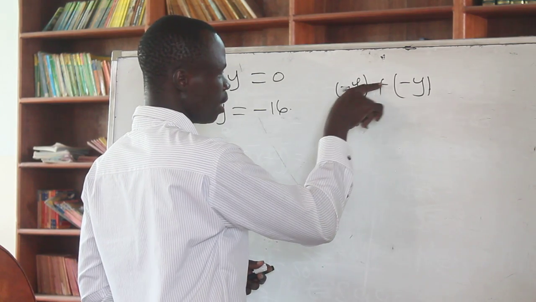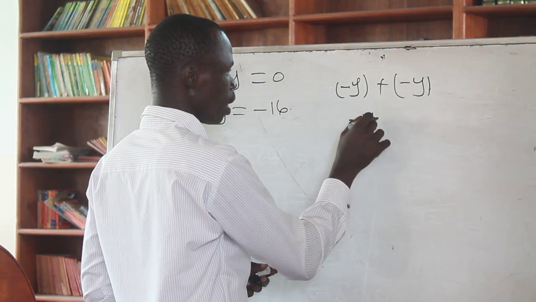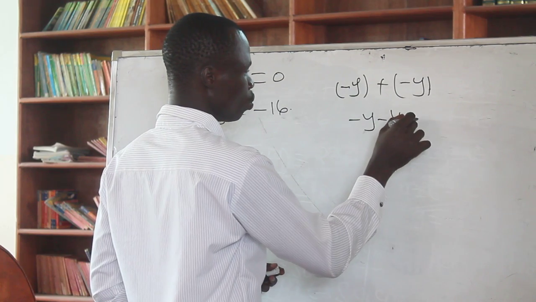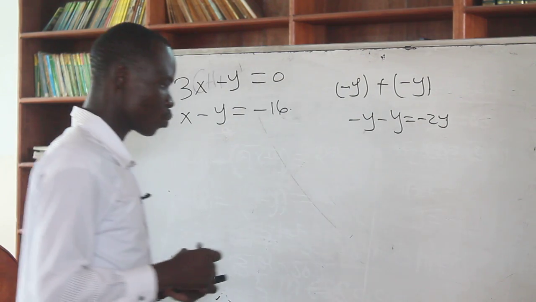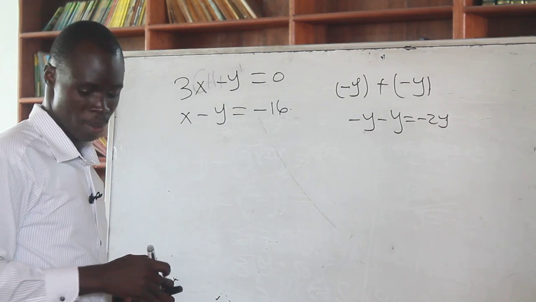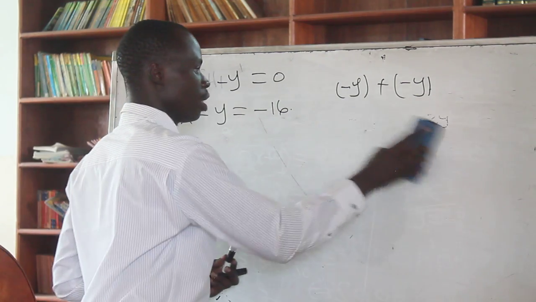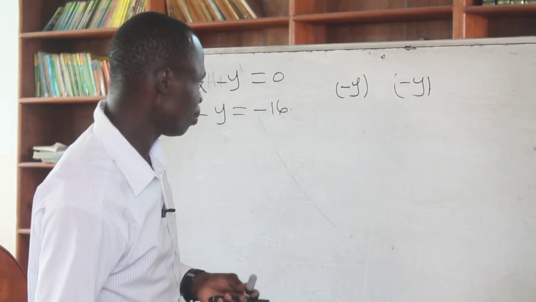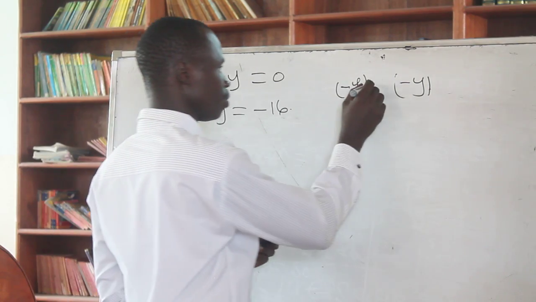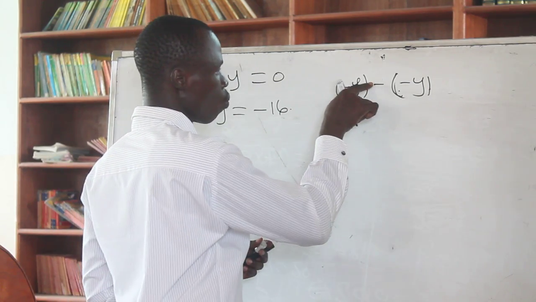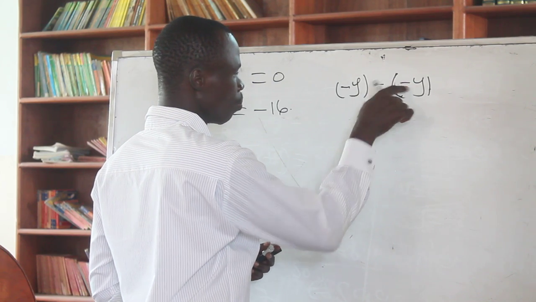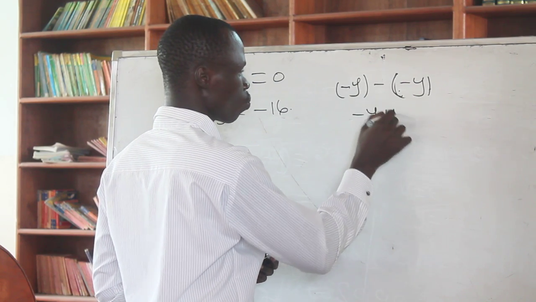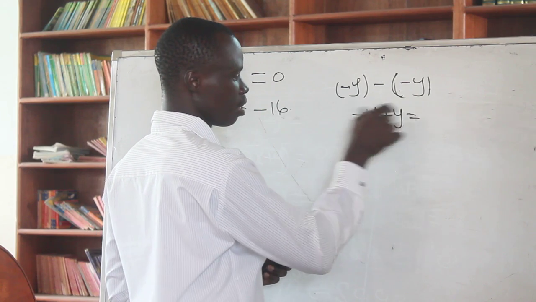So negative y and negative y is negative 2y. So what we are supposed to do here is to minus. Suppose now we put a minus here, instead of addition, to eliminate y. So negative y and y will be positive. So negative y plus y, this means 0.